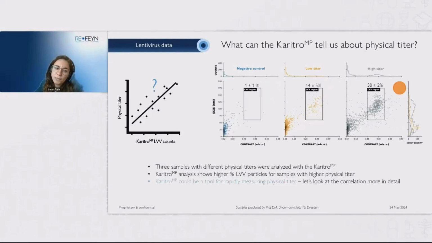And what you can see is that the Karitro analysis shows a higher lentivirus percentage for the samples with a high titer versus the low titer. So the conclusion was that the KaritroMP can be a tool for rapidly measuring physical titer, but let's look at the correlation more in detail in the next slide.